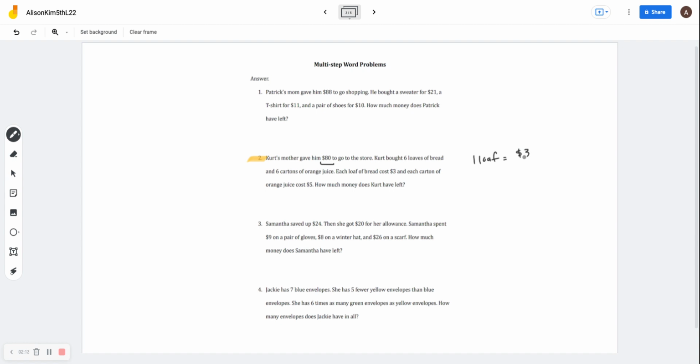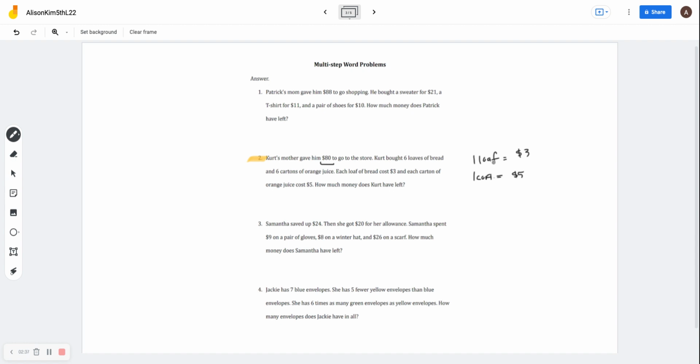And each carton of orange juice costs $5. So let's write that down. 1 carton equals $5. And since 1 loaf equals $3 and 1 carton equals $5, that's not going to give us how much he actually bought, right?